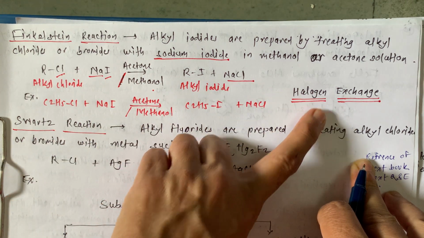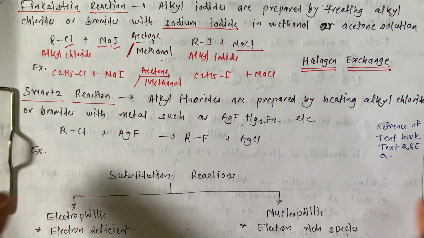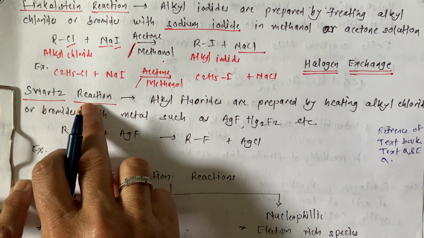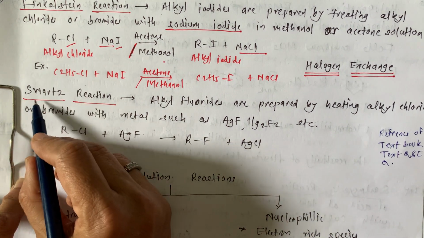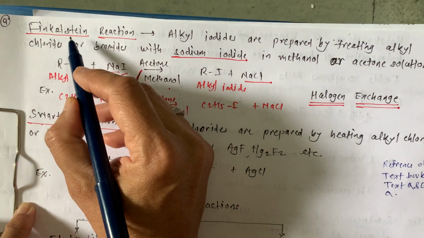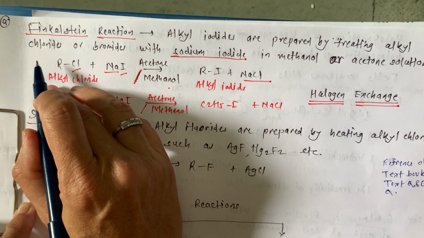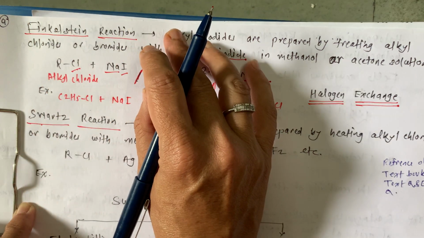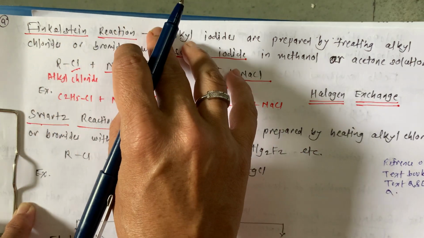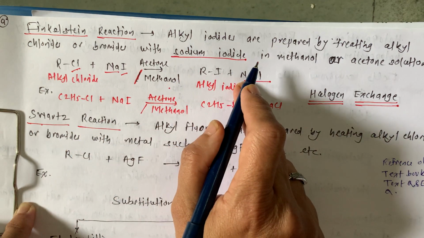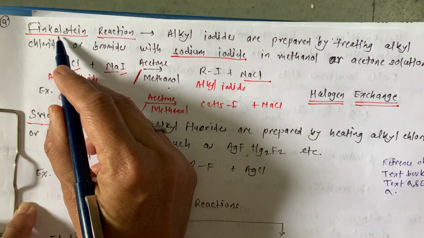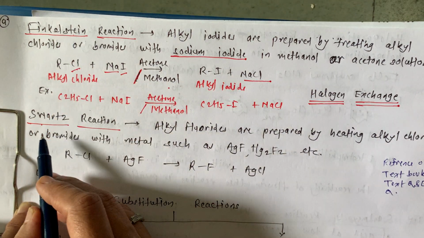Next reaction is the Schwarz reaction. This is again the name of a scientist. Naming reactions means reactions named after scientists who found out this method, researched it and obtained these products. Finkelstein is the name of a scientist, as well as Schwarz.